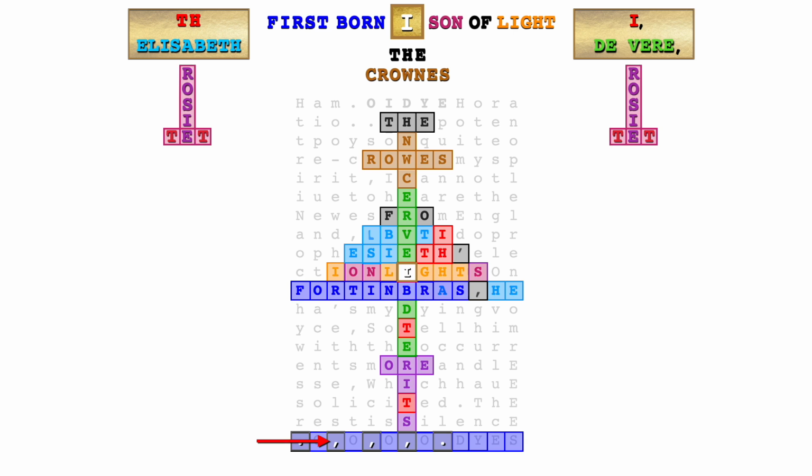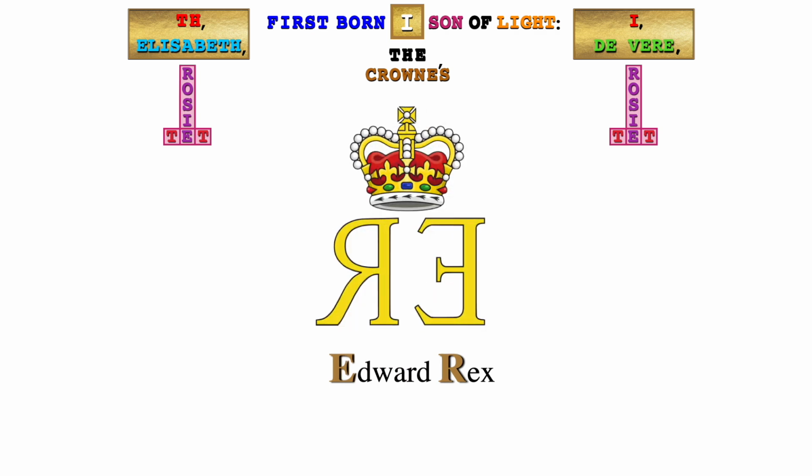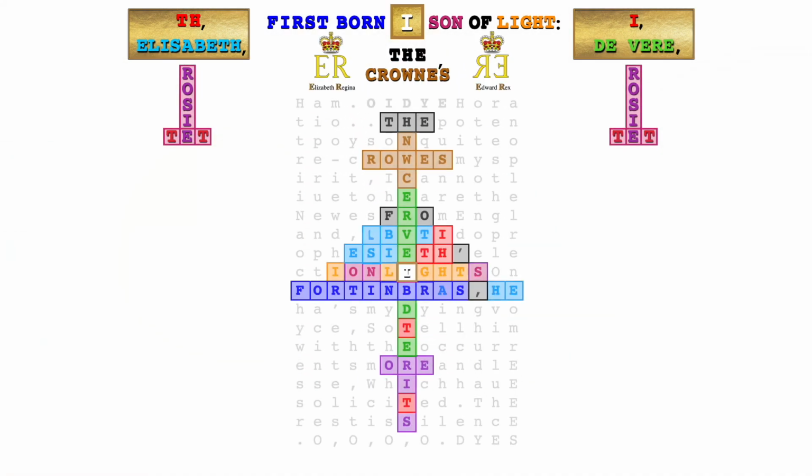I am, comma, Elizabeth, comma, the crown's, with the possessive apostrophe, Rosicrucian light, period, and of course for both of them, period. The question, to be or not to be the king, is, of course, rhetorical. It was answered definitively by the Queen's refusal right up to the moment of her passing to name an heir.